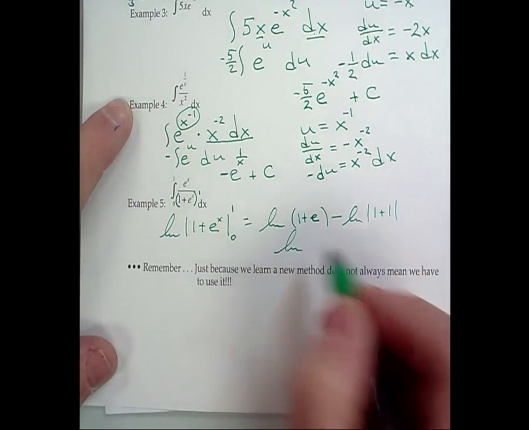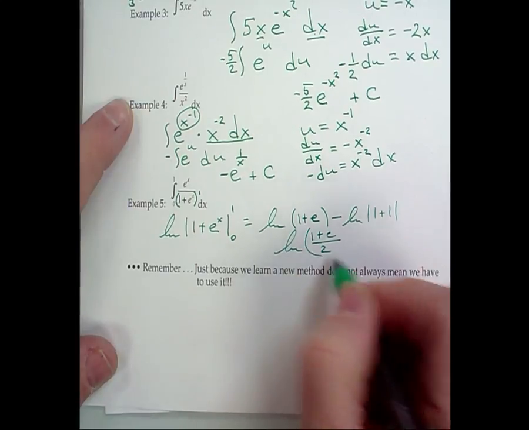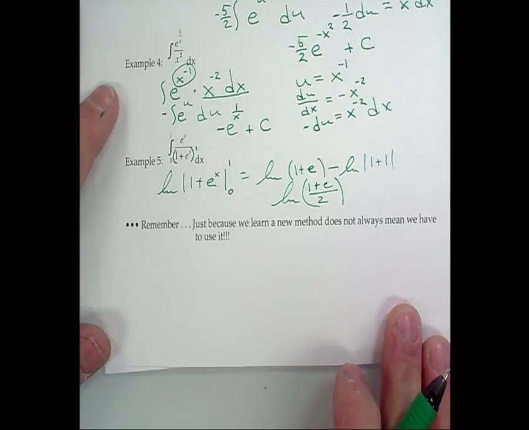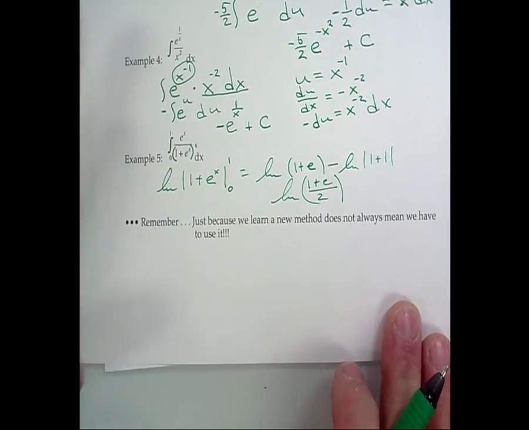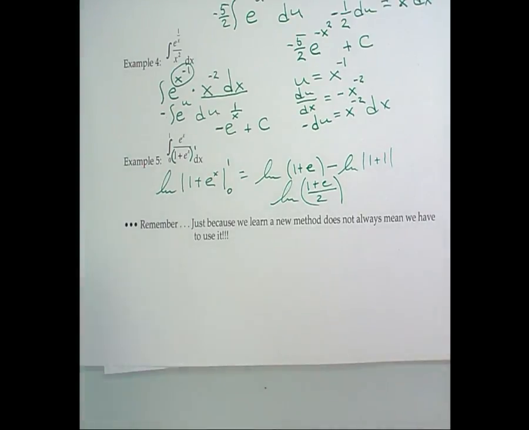So I could write it this way. You don't have to, but you could write it this way. Right? Would everybody agree? Aren't you glad we already talked about e? It made it nice. So we're done.